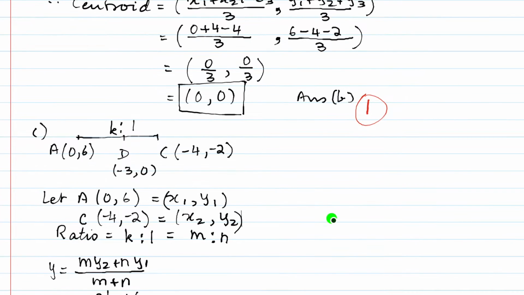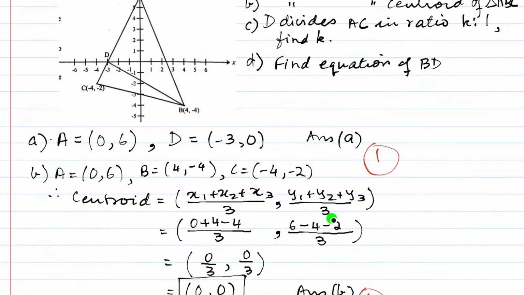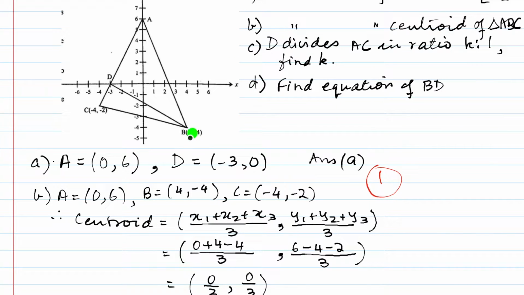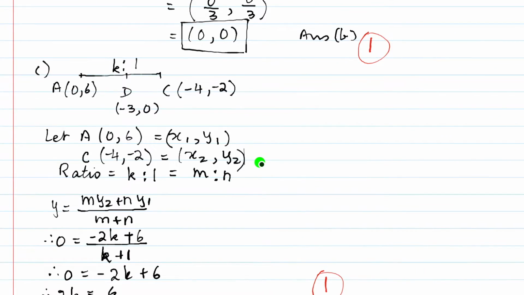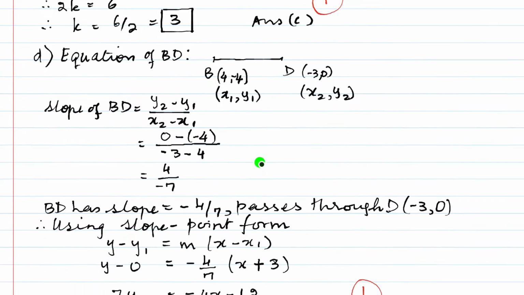Now the last question based on this was find the equation of BD. We know the value of coordinates of B and D. So for the equation, we'll need first the slope and then we'll take either B or D to get our equation.